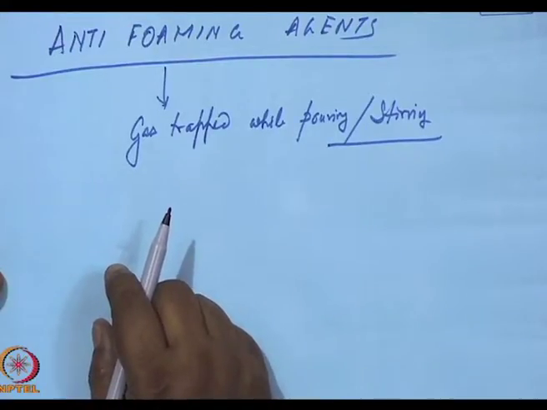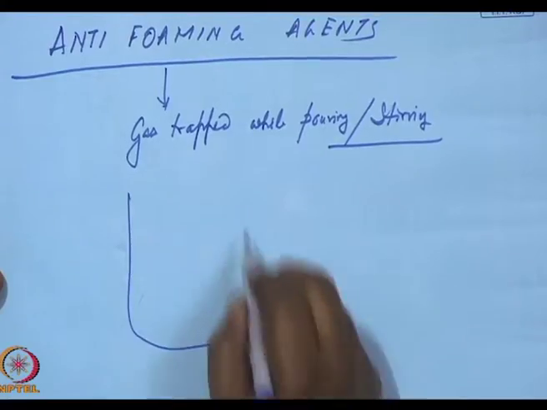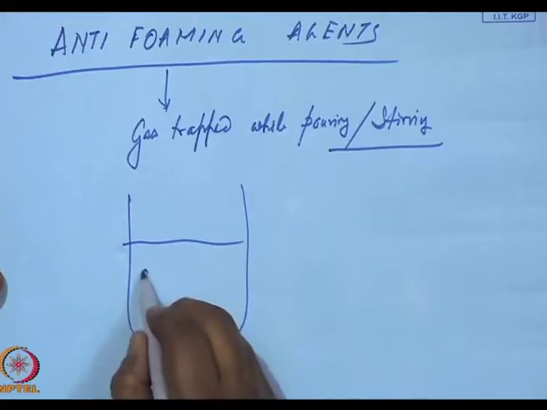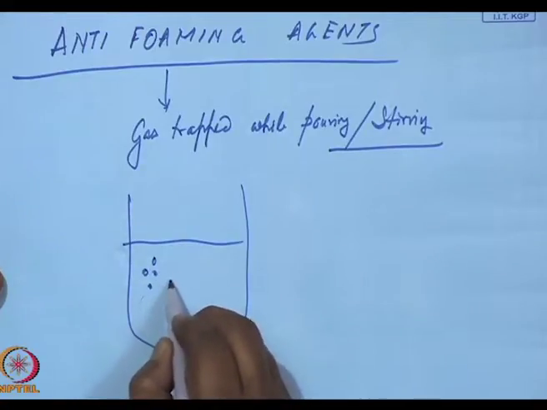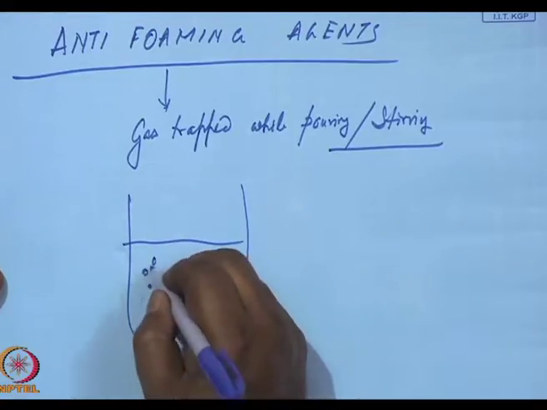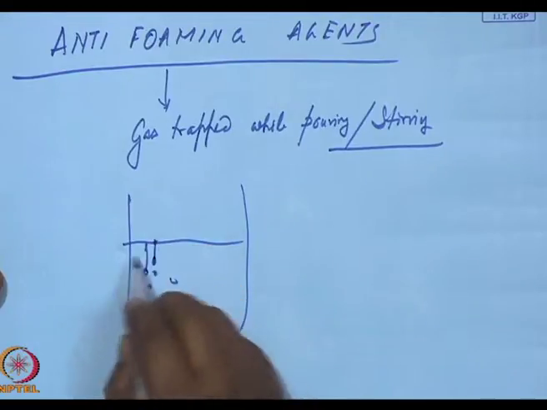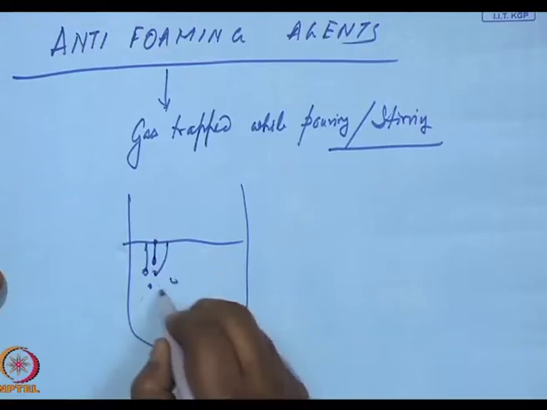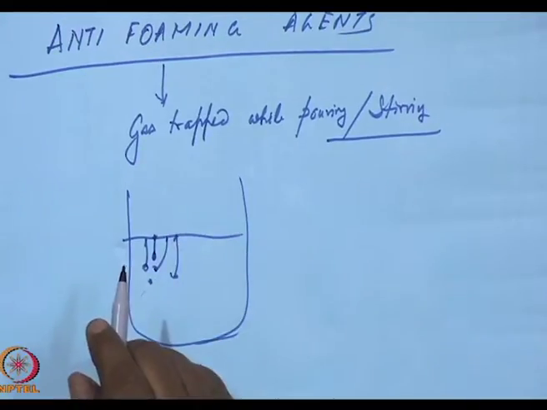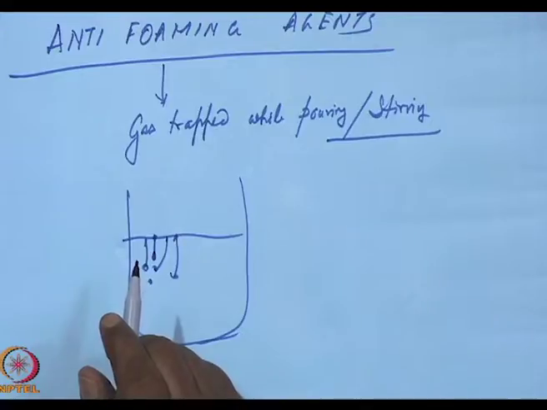So, what is required is a material which reduces the surface tension, so that if there are gas bubbles somewhere, they would rise to the surface and help the slip stay free of any bubbles inside.